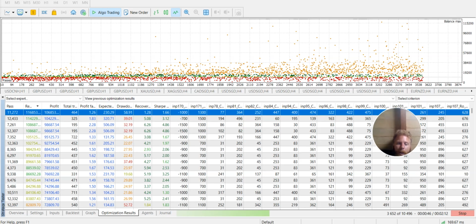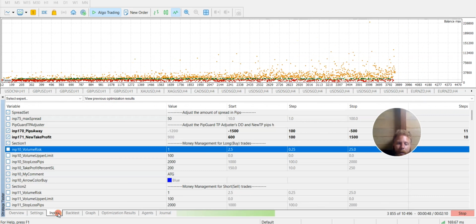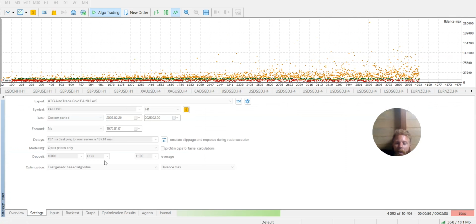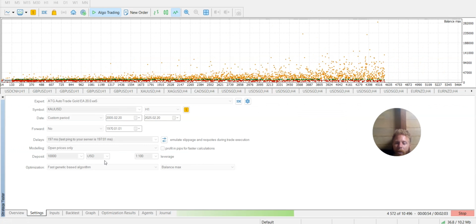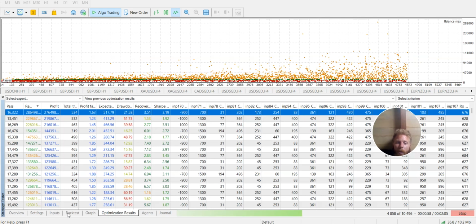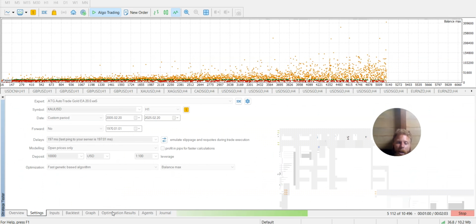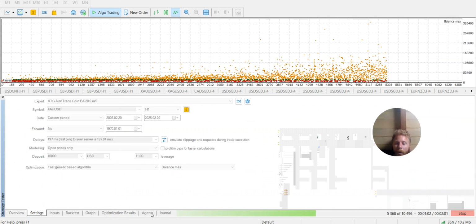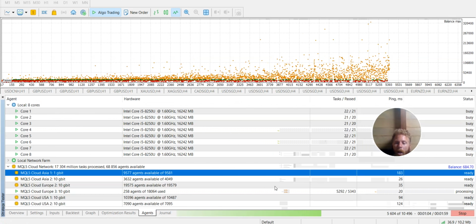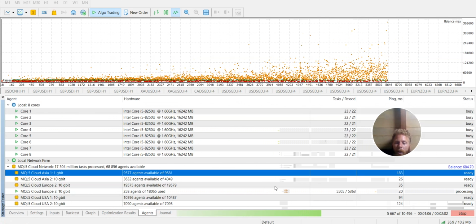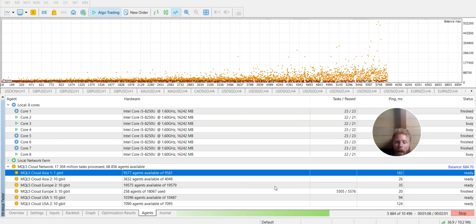Yes. Yeah, it is now not an official set file creation process. It is just that I am running a full optimization on this EA and with Cloud Network, and showing you how it is done, what it is costing and everything.